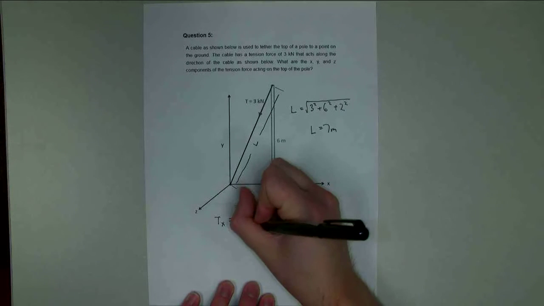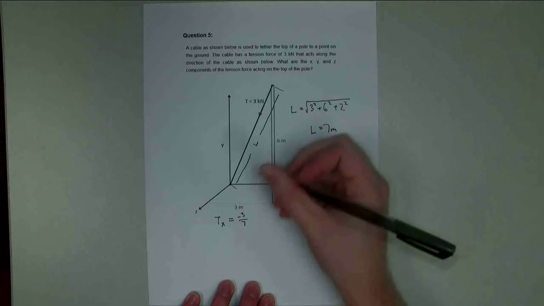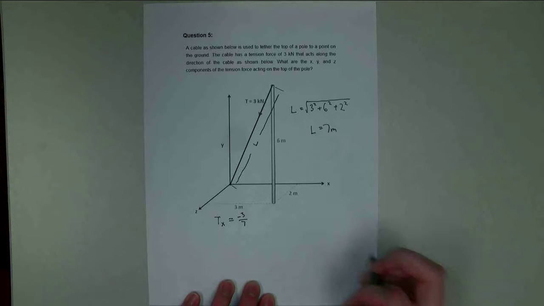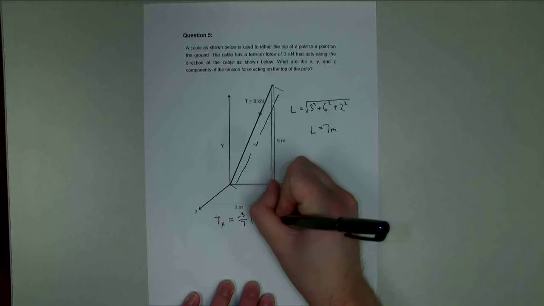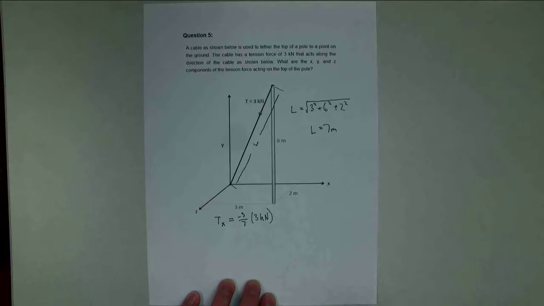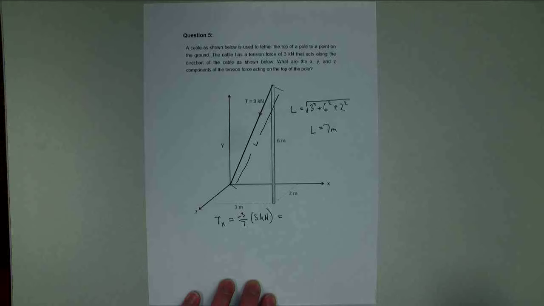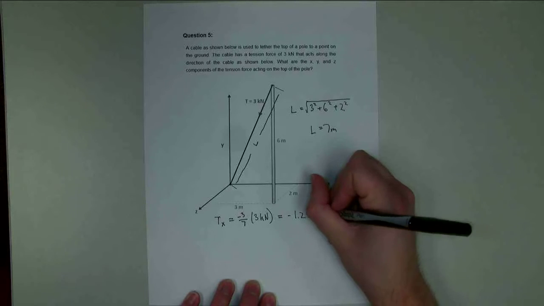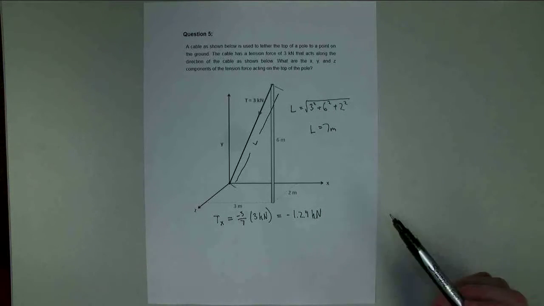And so the total length of the cable is 7 meters. I multiply that ratio by the magnitude of my tension force. So I multiply this by 3 kilonewtons, and if I do that calculation, that will give me my tension in the x direction. And so this is negative 1.29 kilonewtons.